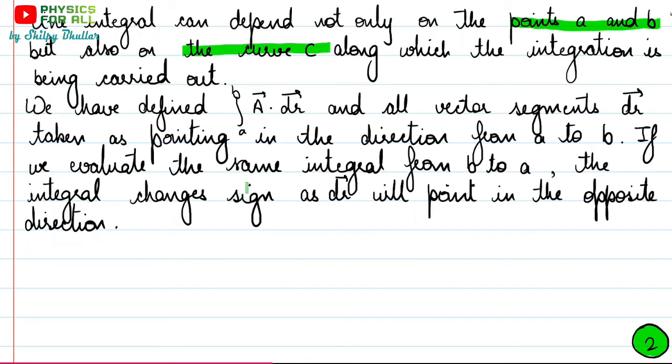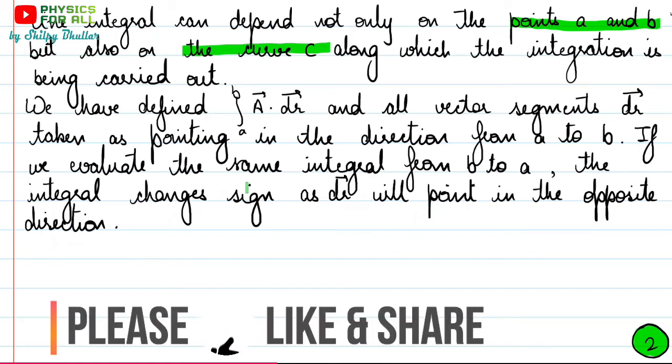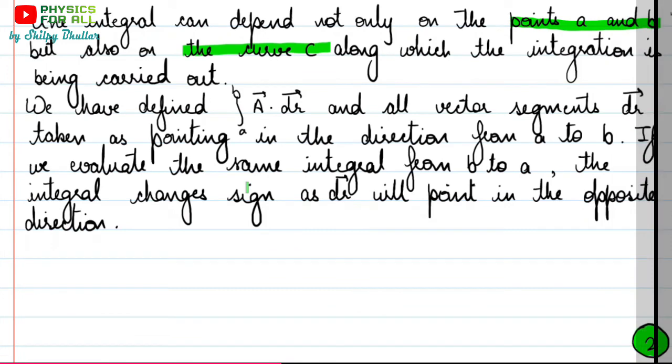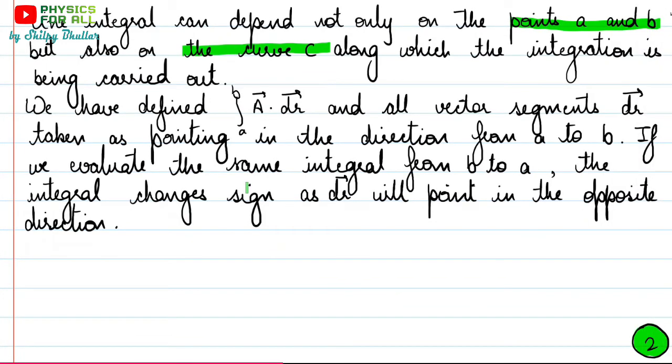Do you remember this statement before? Have we ever used it before? Where do we read this particular thing? That this particular quantity depends not only on the initial and the final point, but also on the path taken.